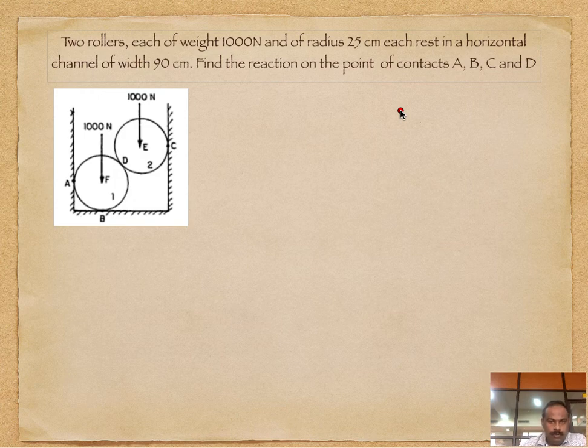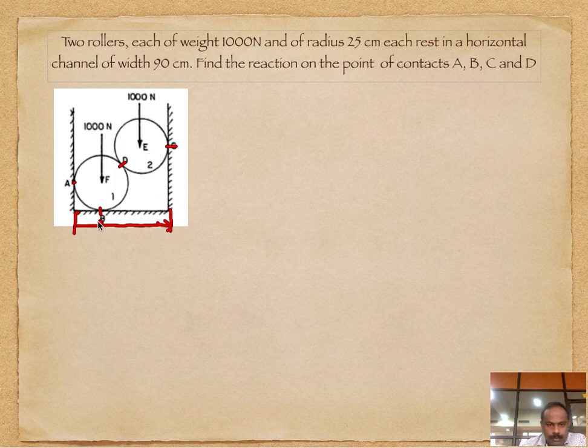It has two rollers and it is touching at each point A, B, C and D, and the width of the channel is told, this is 90 centimeter.